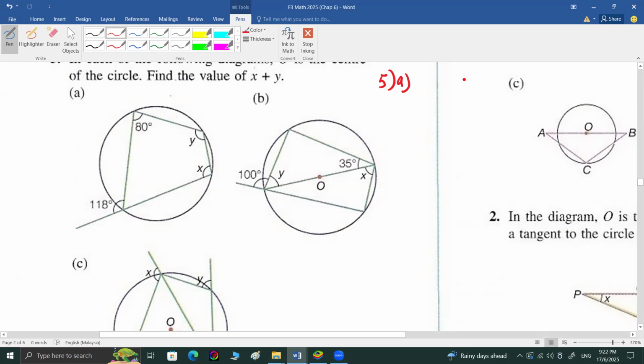I'm not asking you what is x, what is y. Up to you, you can find x first, then y first, then add up. But class, listen to me. If I ask you to find a group like this, sometimes you can't get x is what, y is what. Sometimes you must get it in a group. Got it?